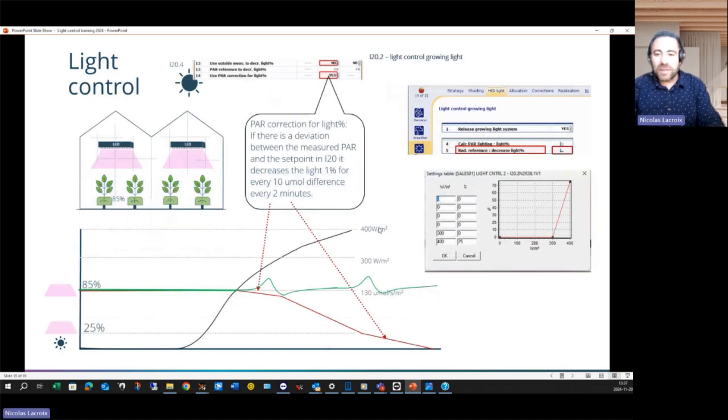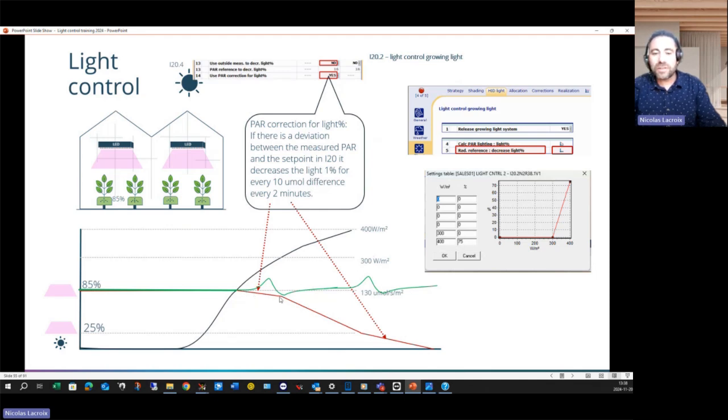Now, if we see the combination of both, the PAR correction, if there's a deviation between the measured PAR and the set point in I-20, decrease the light by 1% for every 10 mole difference every 2 minutes. And I also set my radiation reference decrease light percentage to start at 300, and at 400 I'm dimmed at 75%.